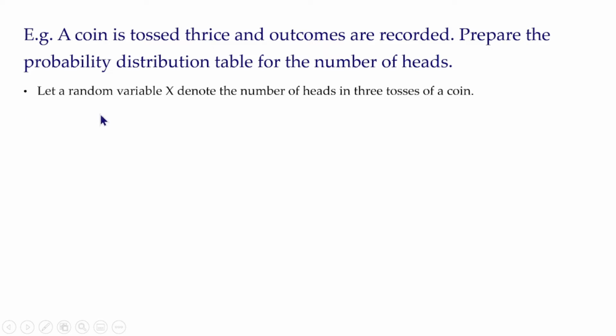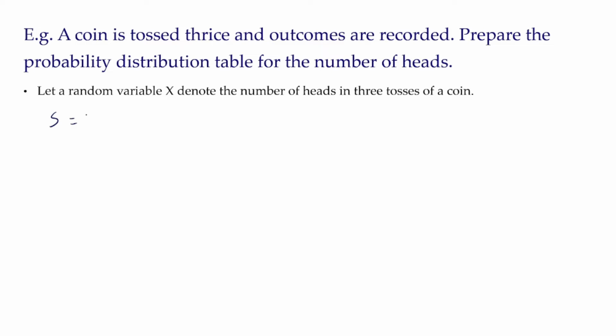So let a random variable x denote the number of heads in 3 tosses of a coin. First let us write the sample space of this experiment, that is tossing a coin 3 times.